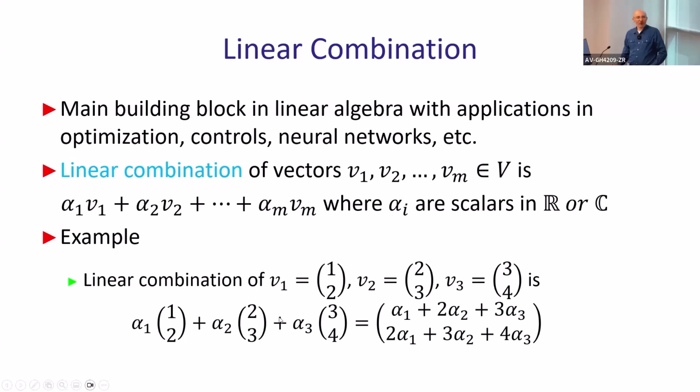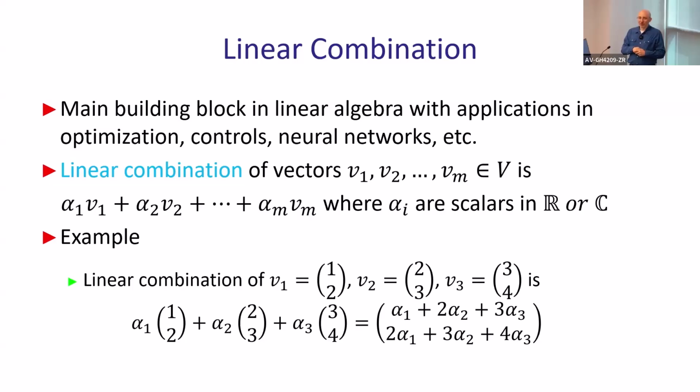If you do alpha 1 times (1, 2) plus alpha 2 times (2, 3) plus alpha 3 times (3, 4), you get alpha 1 times 1, plus alpha 2 times 2, plus alpha 3 times 3. So you get the first row, the first element of that vector, and this will be some number. The same thing with the bottom one when you multiply by the bottom numbers. So this is again a 2 by 1 vector, a linear combination of these 3 vectors.